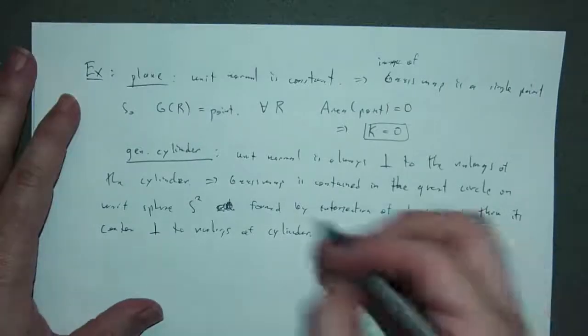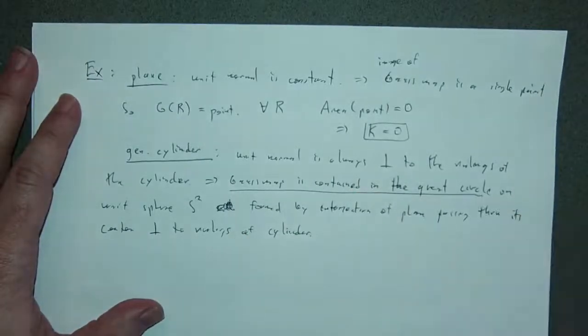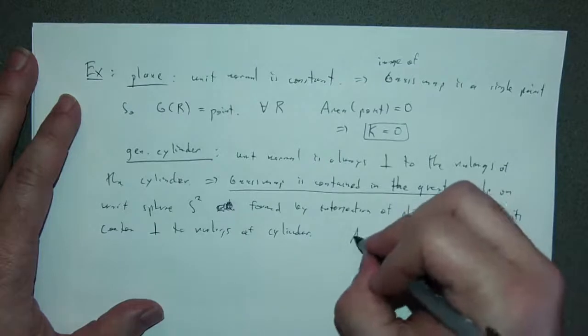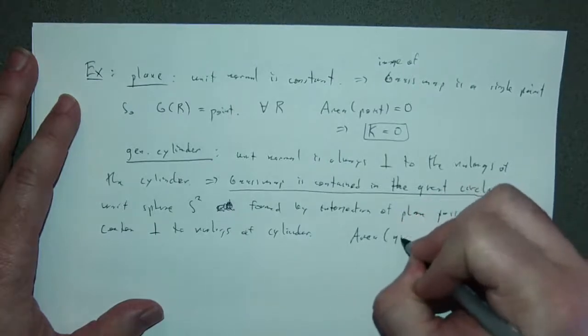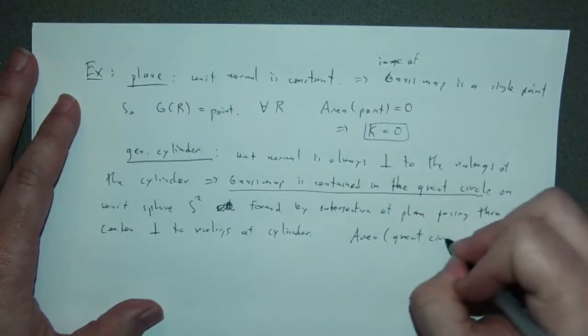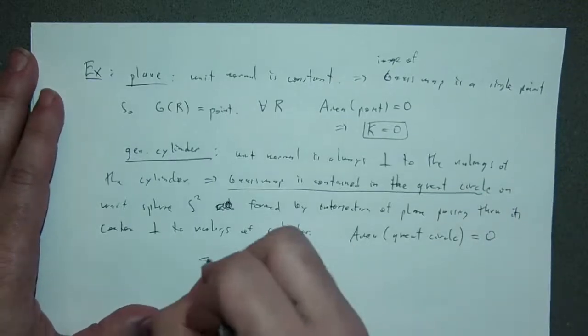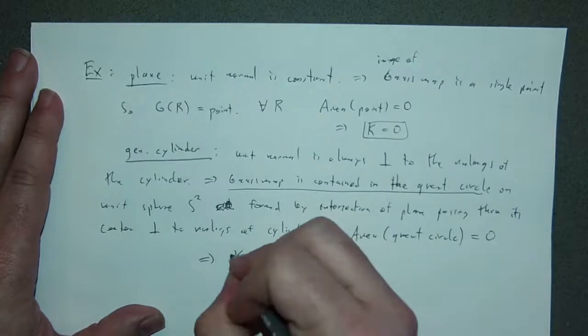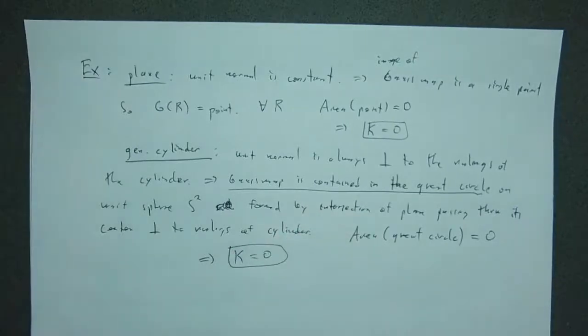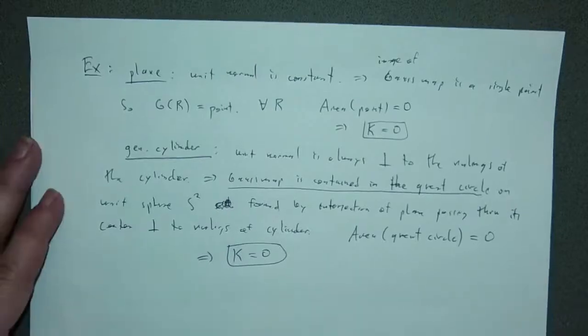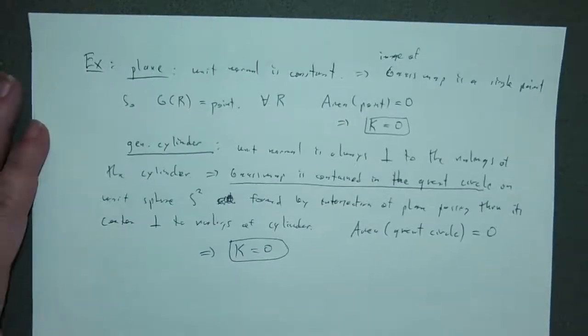Well, the Gauss map is contained in a great circle. Area of an entire great circle is still 0. So Gaussian curvature is 0.